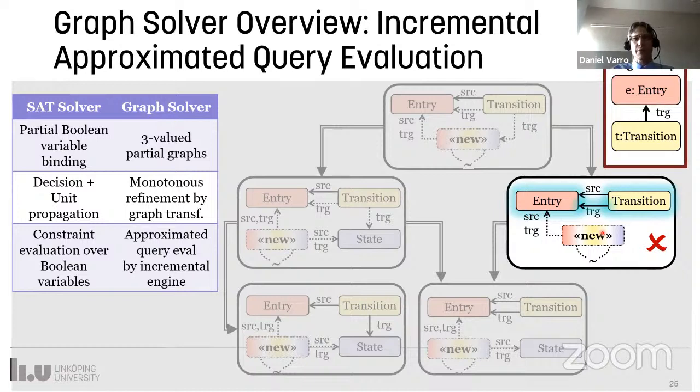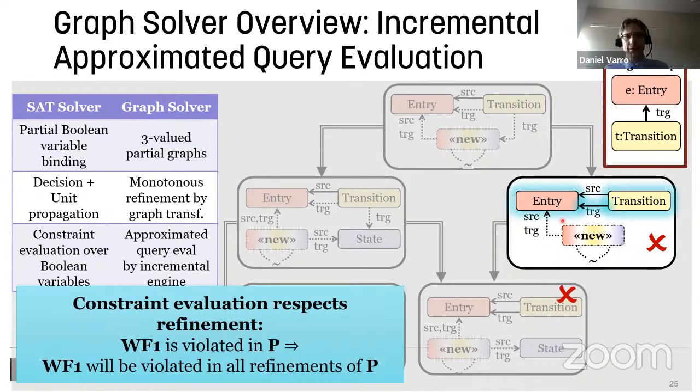So we need to do something with query evaluation, but since we are not working with regular instance models, we approximate the results of query evaluation in two ways: by calculating the so-called may matches and must matches of queries, which practically means that we find a match of a graph pattern in a partial model, noting that this model still contains uncertain elements.